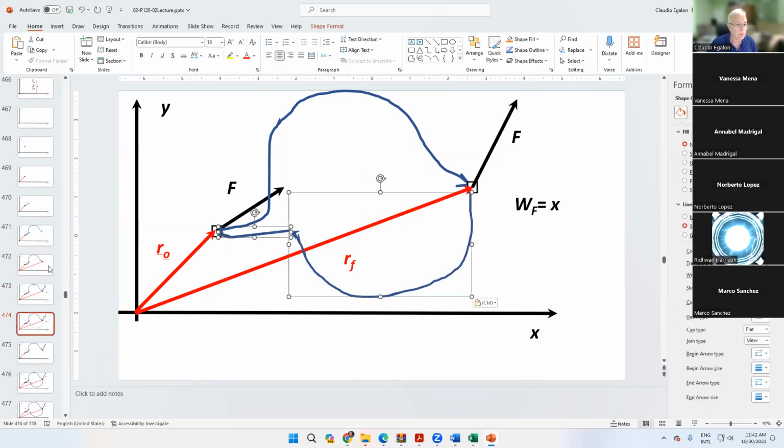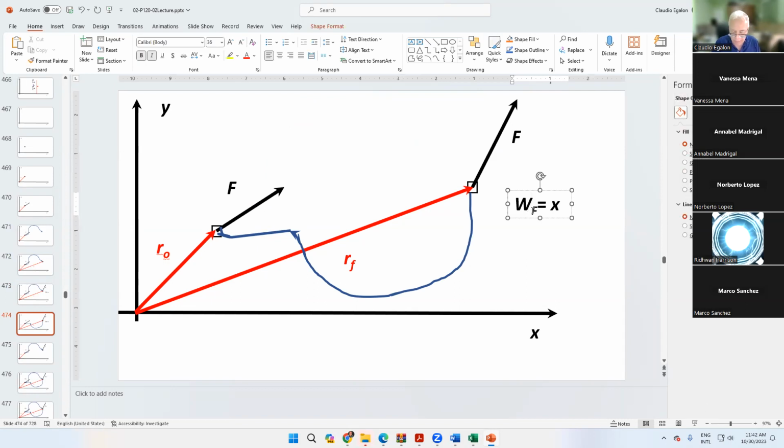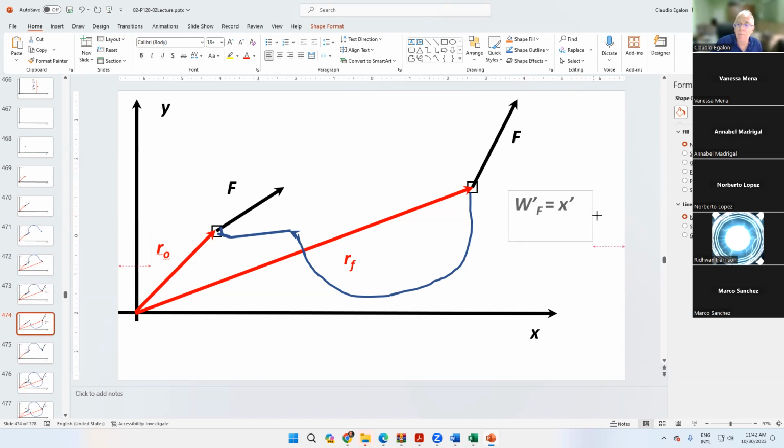It's the same force, but I'm going to call the work W prime because it's a different path done by the same force F, and let's say it's X prime.